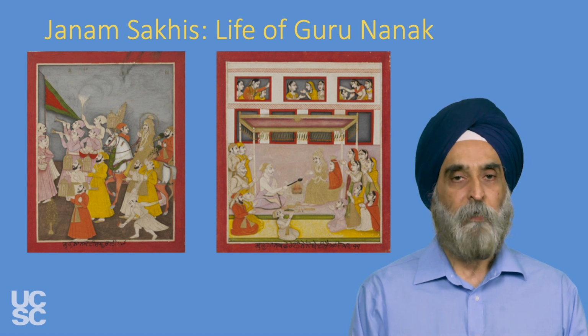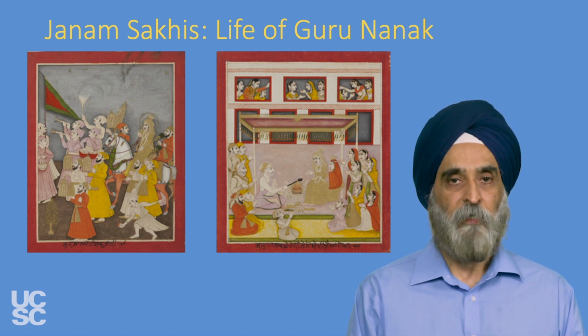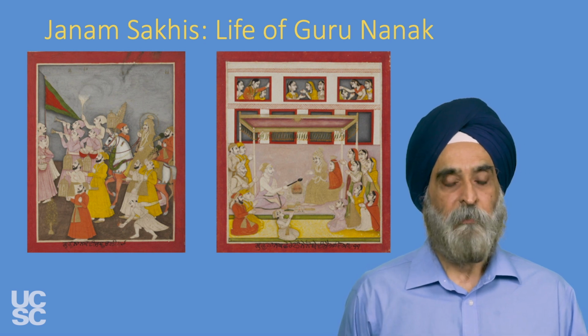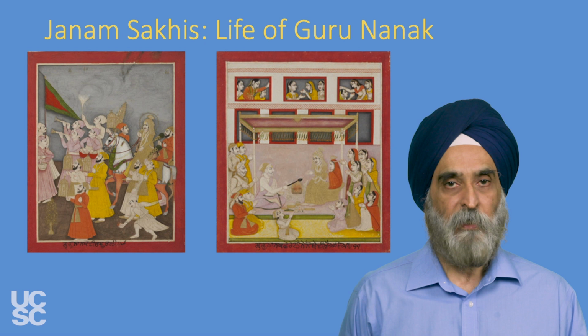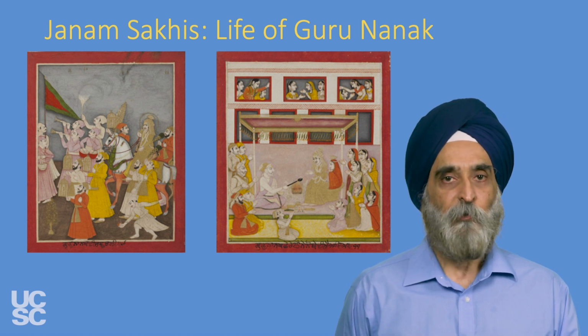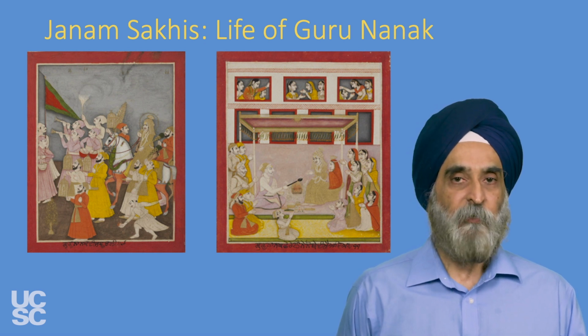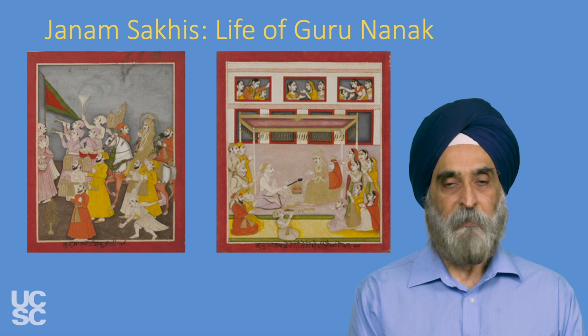These are two more paintings from the same illustrated copy of the Janam Sakhis, the life of Guru Nanak. Janam means birth and Sakhis, stories. And these two illustrate the marriage procession and the marriage ceremony of Guru Nanak.